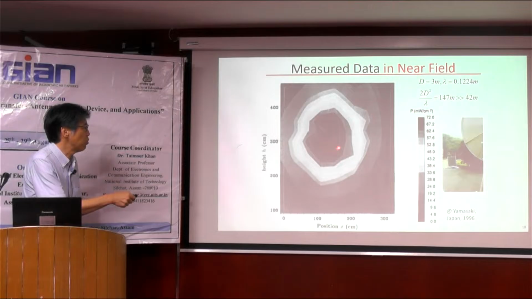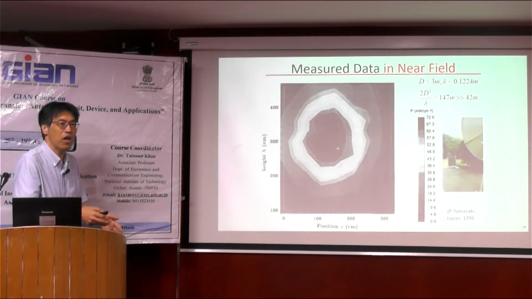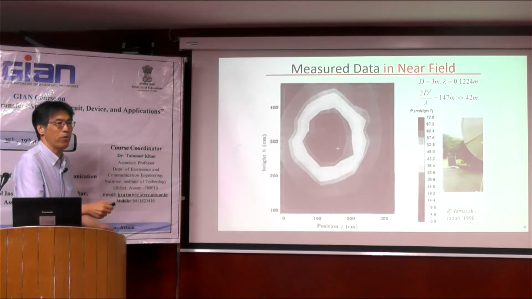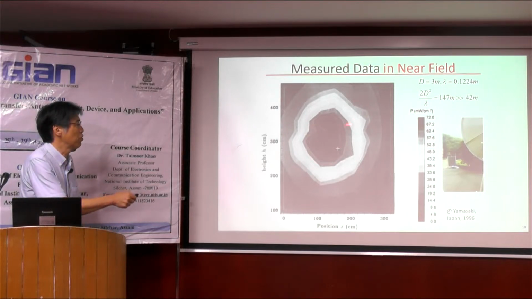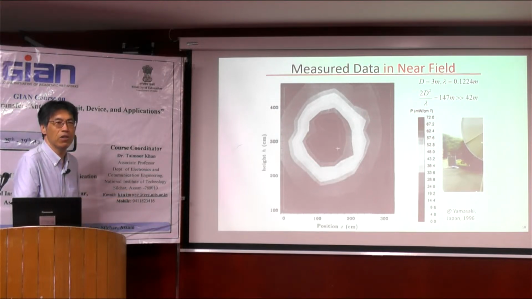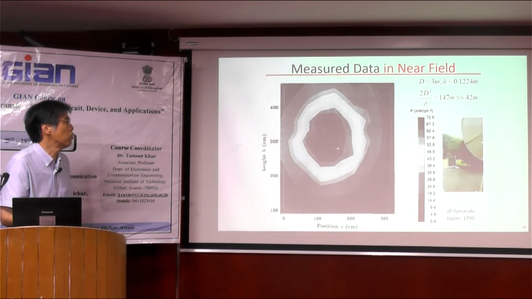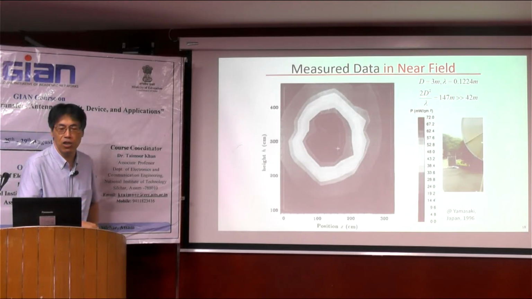Unfortunately, with a 10 times larger aperture antenna, received power cannot become 10 times larger, because power density is not uniform. So we cannot apply the Friis transmission formula in this case. We have to consider how to estimate the beam efficiency in the radiative near field.